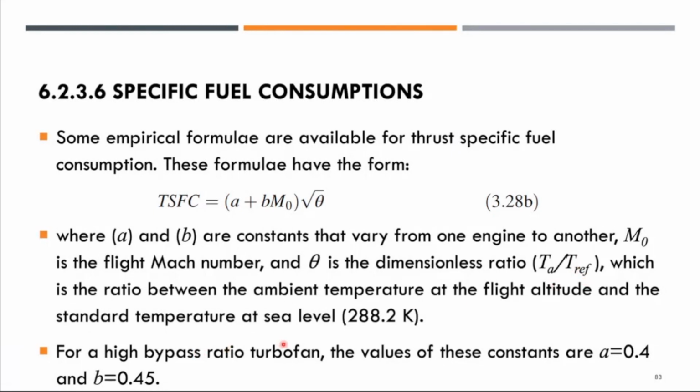For example, the temperature at the flight altitude and a standard temperature at sea level of 288.2 Kelvin, depending on where you fly. T reference is normally at sea level. For high bypass ratio turbofan, the values of these constants are A is 0.4 and B is 0.45.